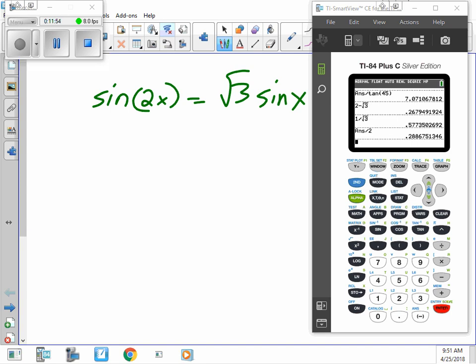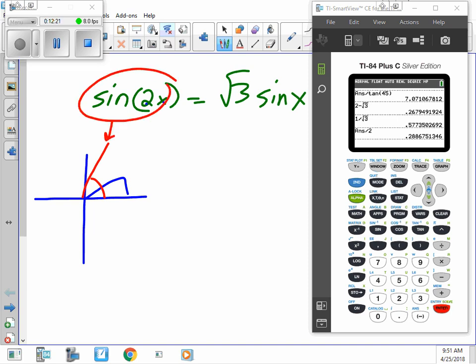So the sine of some angle times 2 is equal to root 3 times the sine of the angle. Okay. So we need an angle that we can double, and the sine of the double angle is equal to root 3 times the sine of the original angle.